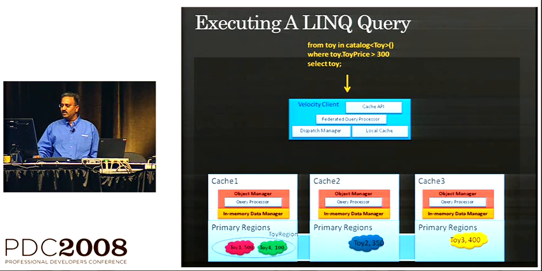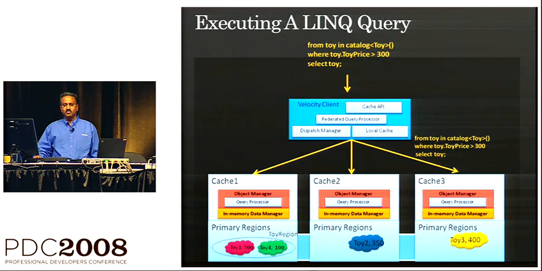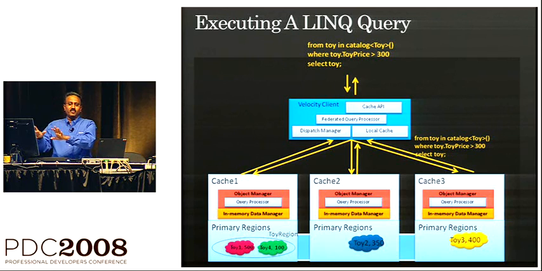That request is sent to all the nodes, because the data is partitioned across all the nodes. The same query goes to all the nodes, and then we collect the results back and return them. And this is the simplest form of showing some kind of a map reduce.